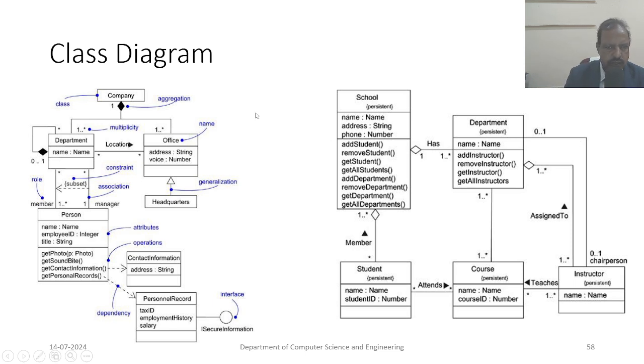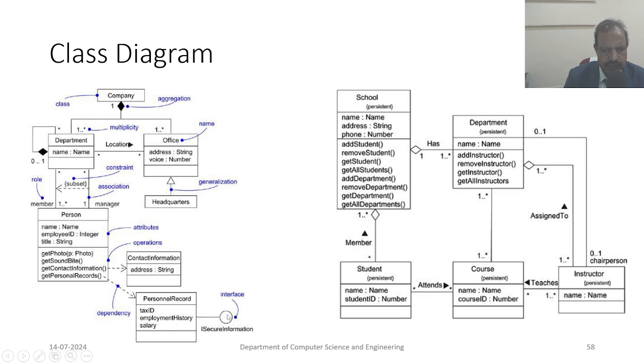So these are the things. Now take one more class diagram: the company, the department, the office. Here the person is there. Here it is the dependency. That means if the person is different, then the contact information will be different. If the person is different, then the personal record, tax ID, employment history, and salary will be different, right?